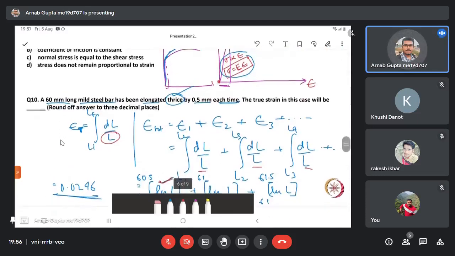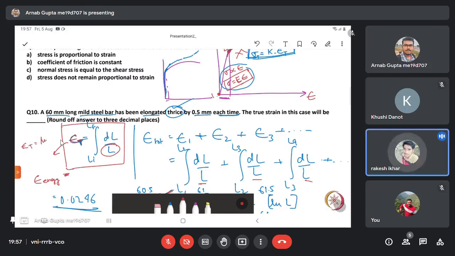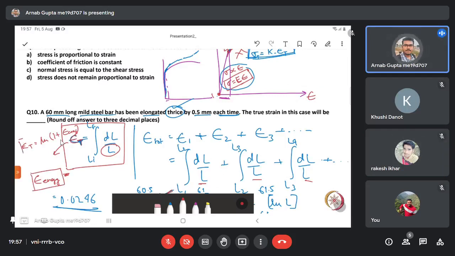Okay, another small thing. See, you're using this formula to find out the true strain, right? There's another formula. Suppose you know the engineering strain. From there also you can find out the true strain. What is that formula? True strain is equal to natural log of 1 plus engineering strain. Suppose you know the value of engineering strain, from there also you can calculate the true strain value.